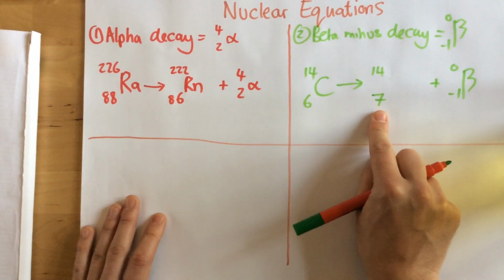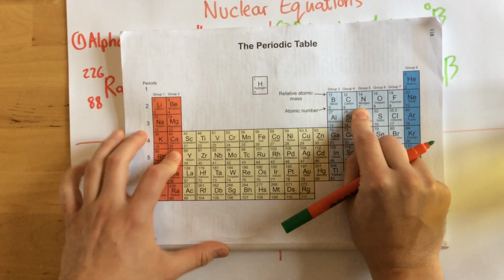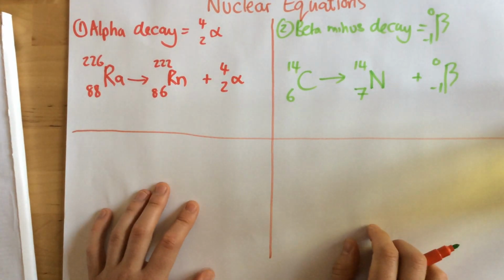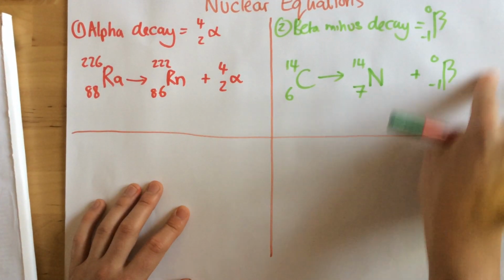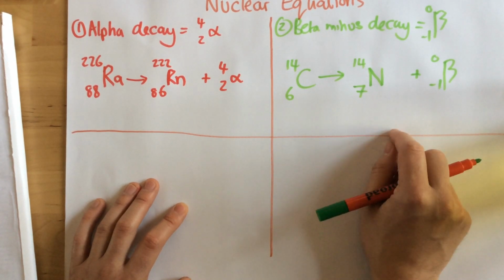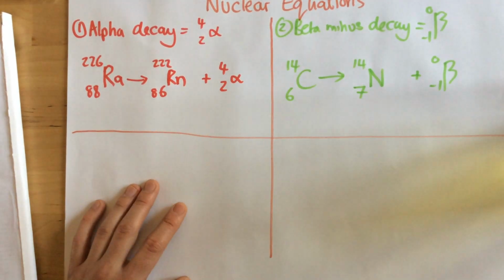Again, my proton number has changed, so I must have a different element. I started off with 6, I now have 7, so I have formed nitrogen. In beta minus decay, a neutron changes into a proton and an electron. That's why the mass number doesn't change.